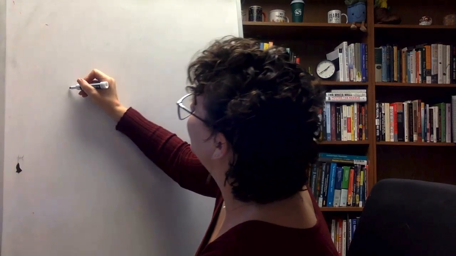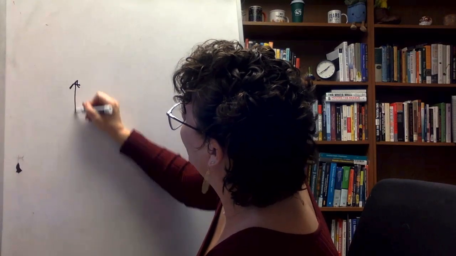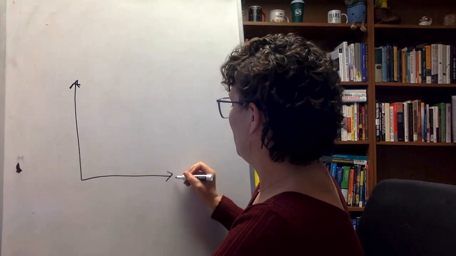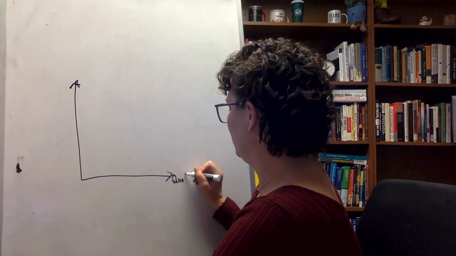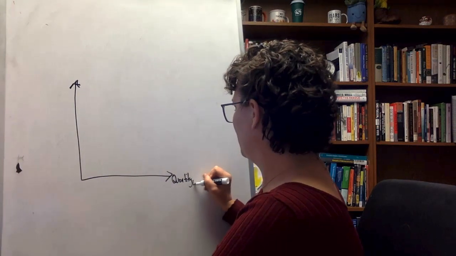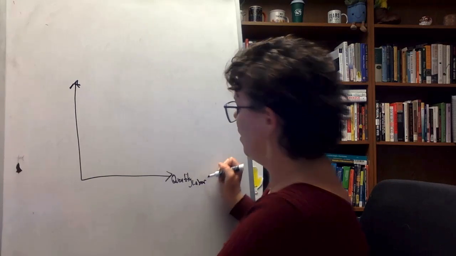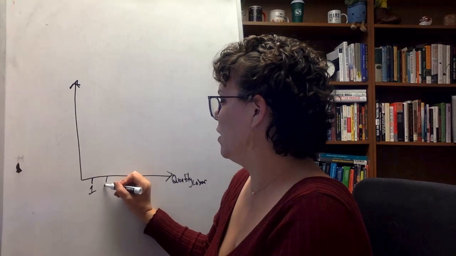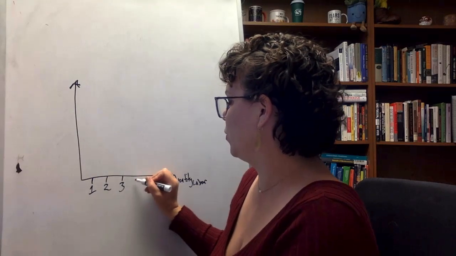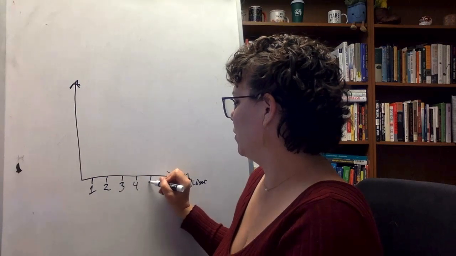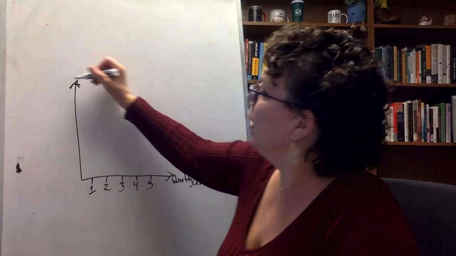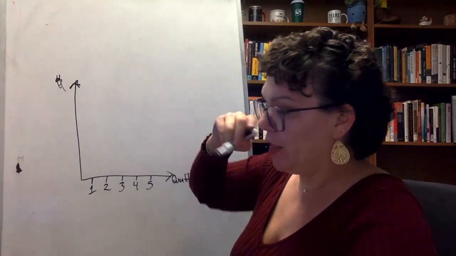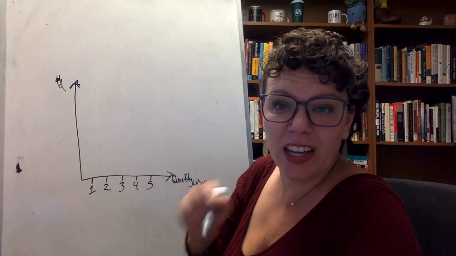So we are going to have a market, with our quantity down here, and it's our quantity of labor. And we're going to go ahead and have our first worker, our second worker, our third worker, fourth worker, and fifth worker. And we know that our first worker is worth $120.